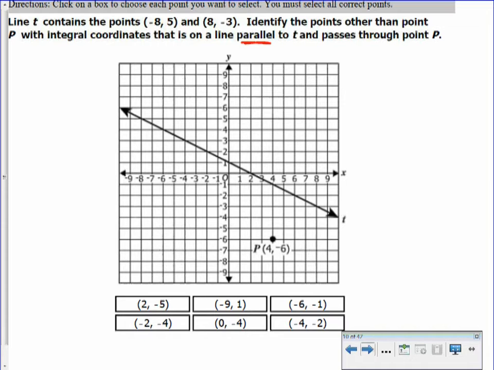Now, we can of course go to our graph and count, or they did give me some numbers, so I can use that in the slope formula to figure out the slope that I need. So I did -3 minus 5 over 8 plus 8, which gives me -8 over 16, which equals -1/2. So the slope of that graph is -1/2.